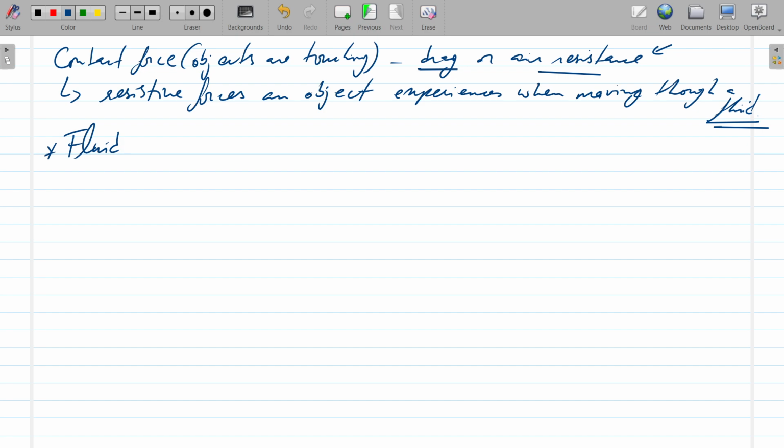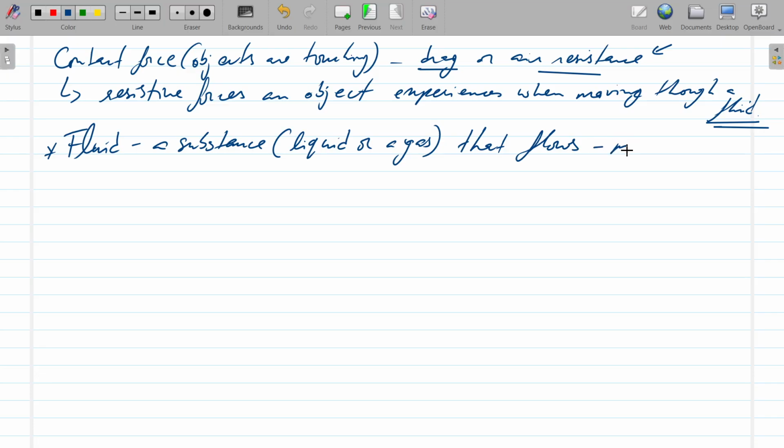So a fluid in physics is a substance such as a liquid or a gas that flows. So basically it moves about.